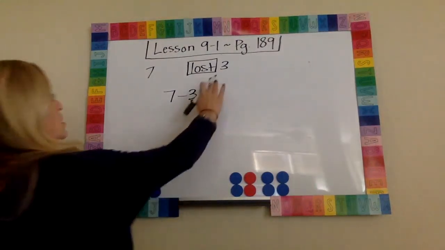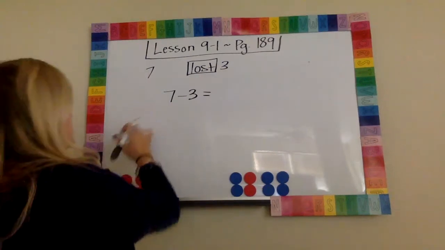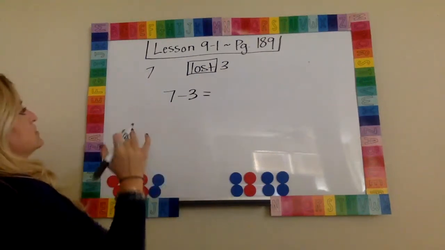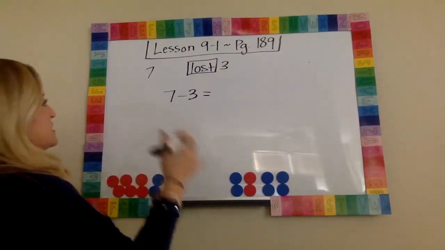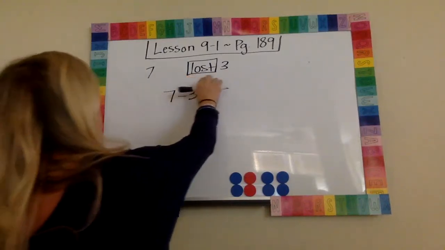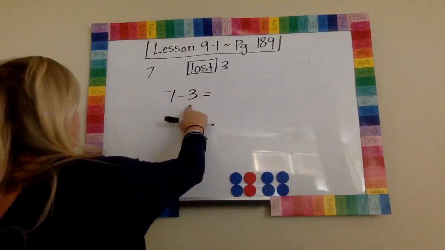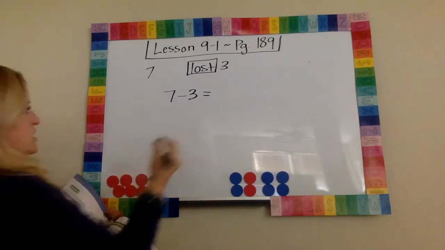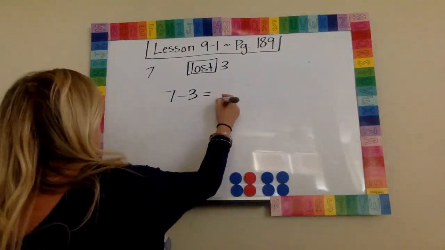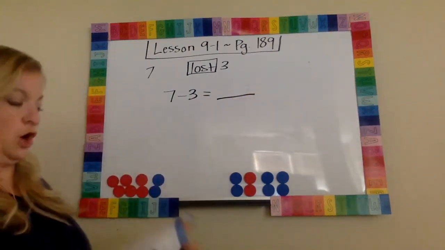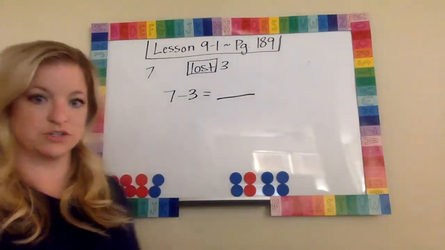Okay, subtraction always starts with the biggest number. So I'm not going to say, oh, I have 3 and then I lost 7. No, subtraction always starts with the biggest number. Plus they tell us he had 7, he lost 3. So 7 minus those 3 he lost equals, we're pretending like we don't know because it wants us to draw pictures.